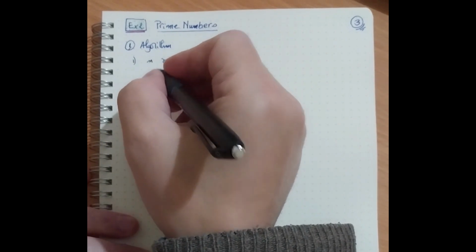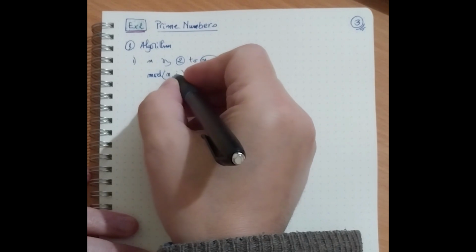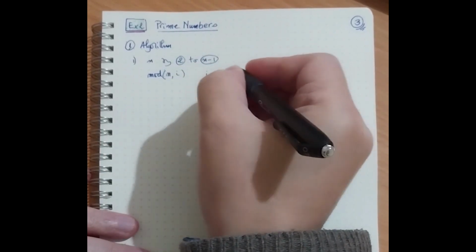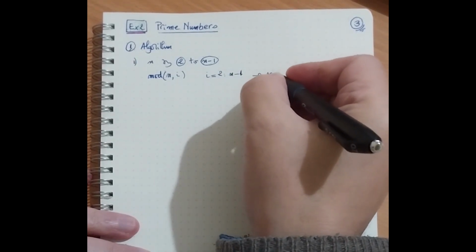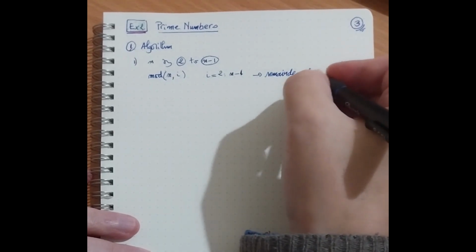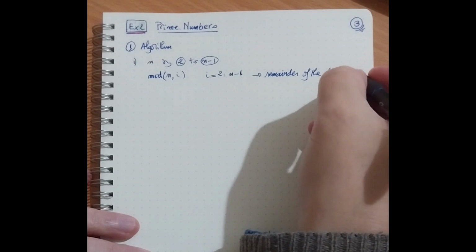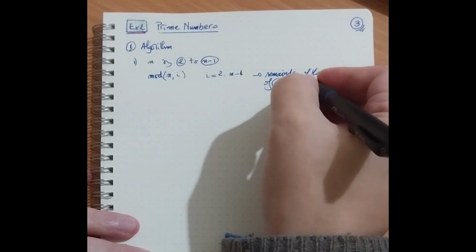If we use it for n and i, with i from 2 till n minus 1, we get the remainder of the division of n by i.